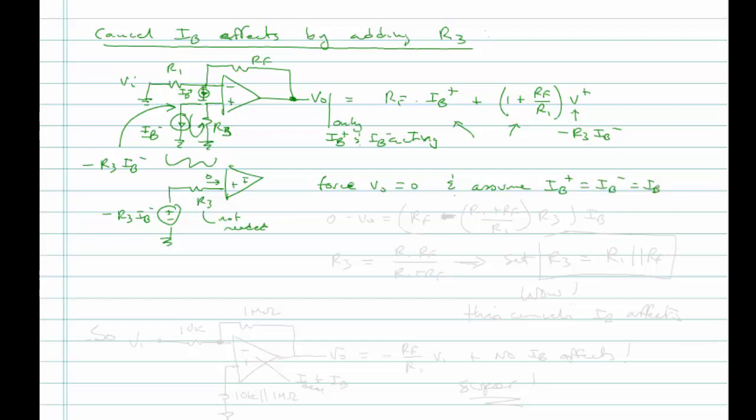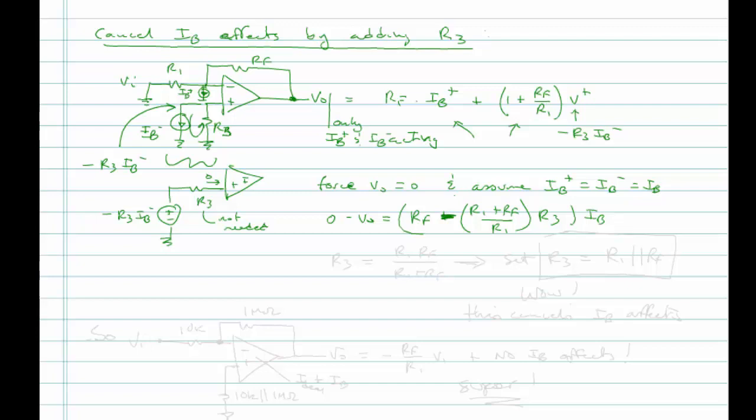Again, we'll consider next when that is not the case. But then we have VO equals 0, is equal to RF plus, all right, R1 plus RF over R1 times, oops, there's a minus sign here, times R3. And I didn't even write the IBs because they cancel out. Well, I'll go ahead and write it here, I guess.